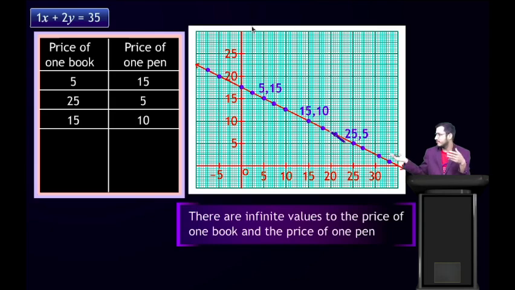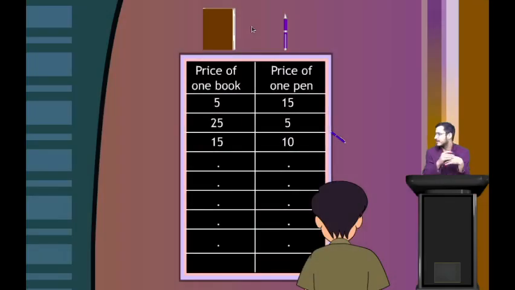There are infinite values of the price of one book and the price of one pen. You can see the table here: price of one book 5, 25, 15, then price of one pen will be 15, 5, 10 and so on.